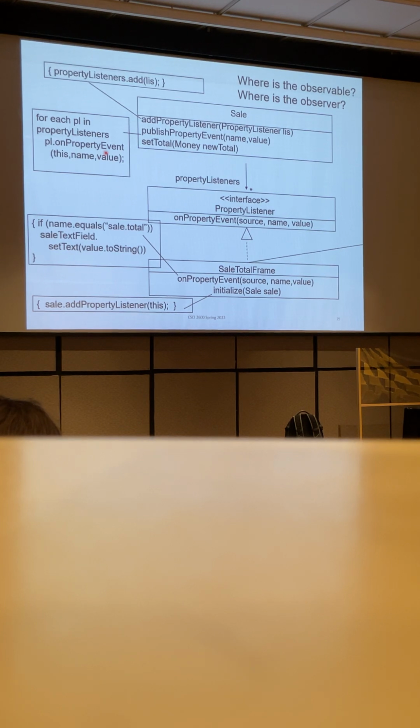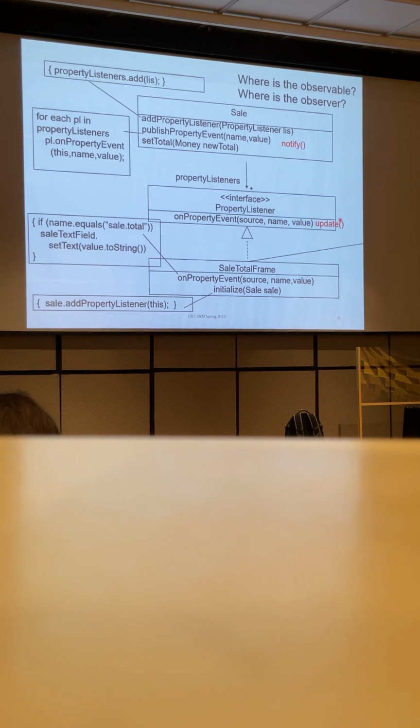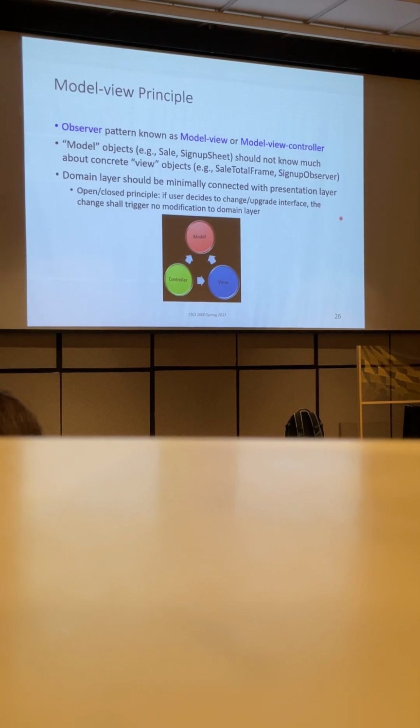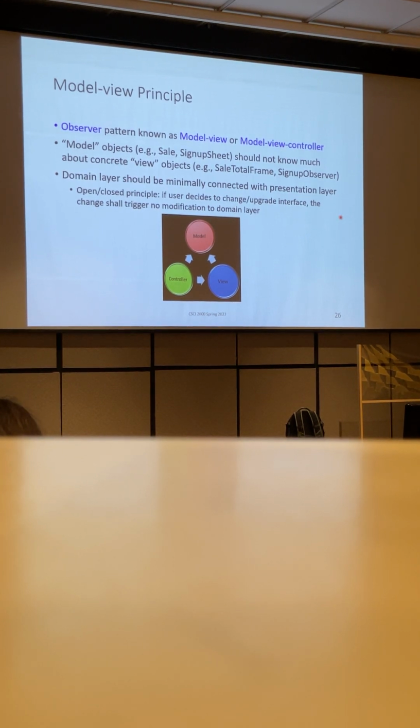Listener is just another name for an observer. So we'll call notify, and notify will update all the observers. All right, this observer pattern is known as model view controller or model view, and there are different variations of this pattern.